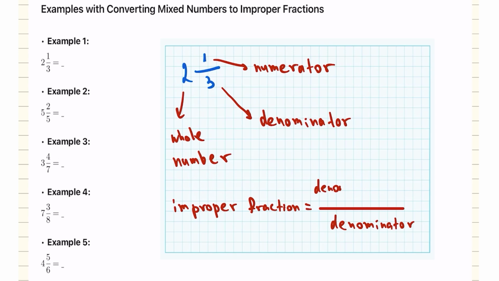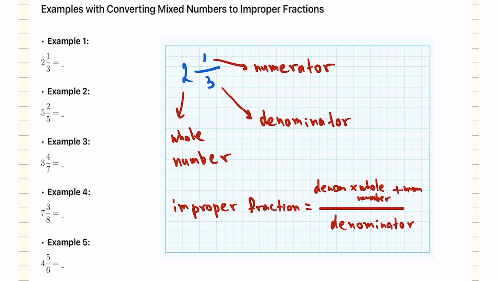It's that simple. Then we just need to simplify it. So the top part is denominator multiplied by whole number plus numerator. And that's it. It's real simple.